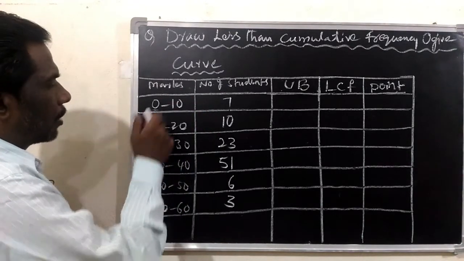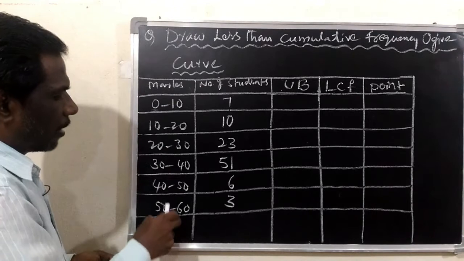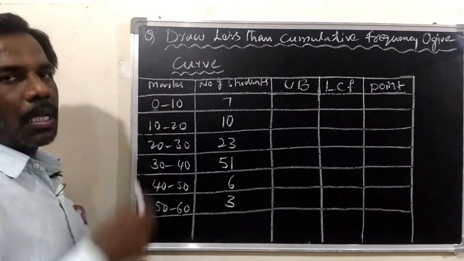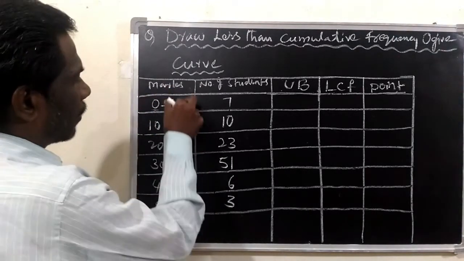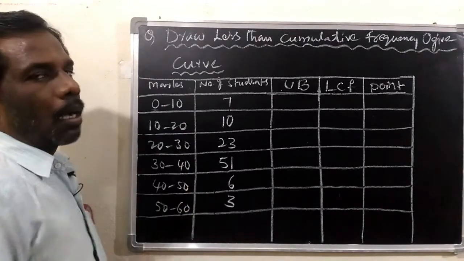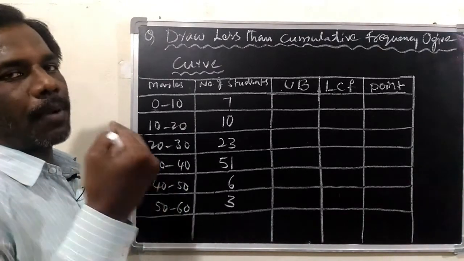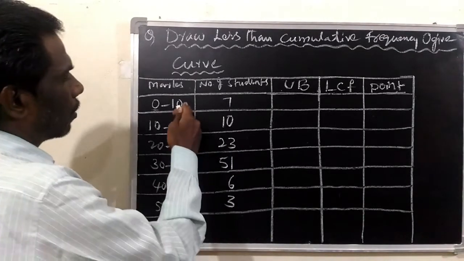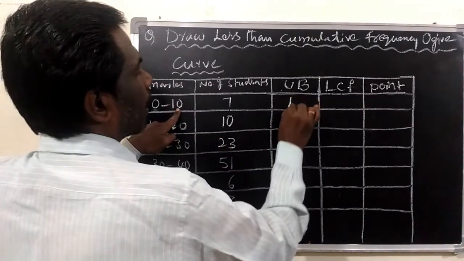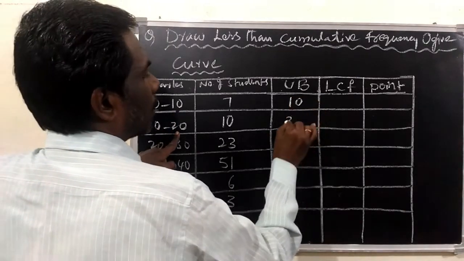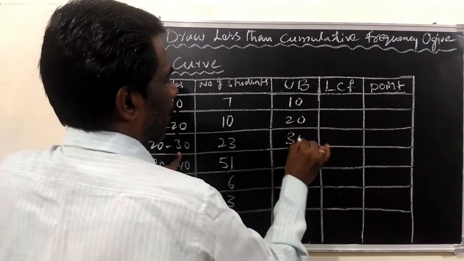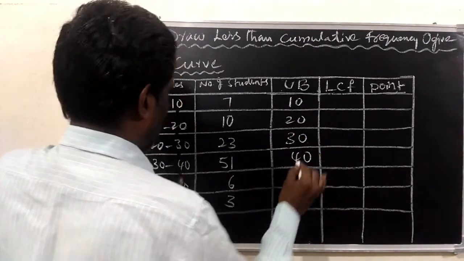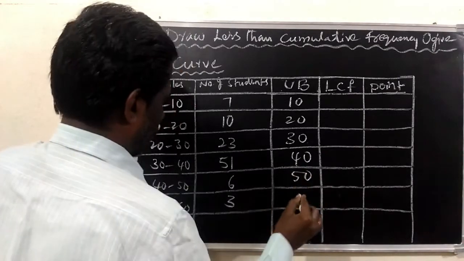Here we need the upper boundary, so I am going to take the values 10, 20, 30, 40, 50 and 60.